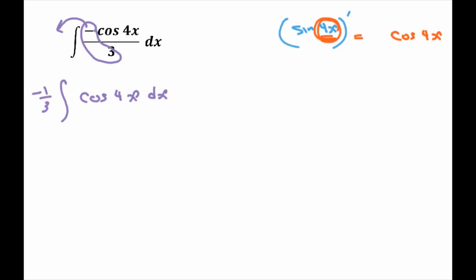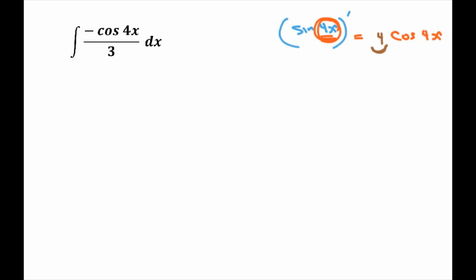Remember, it should be 4. Now, I do have cosine 4x, I don't have 4. I need to multiply by 4, so I'm going to put 4 here. And if you multiply by 4, you need to also divide by 4 at the same time. However, I don't need the division inside, I could move it outside. So how can we write this?